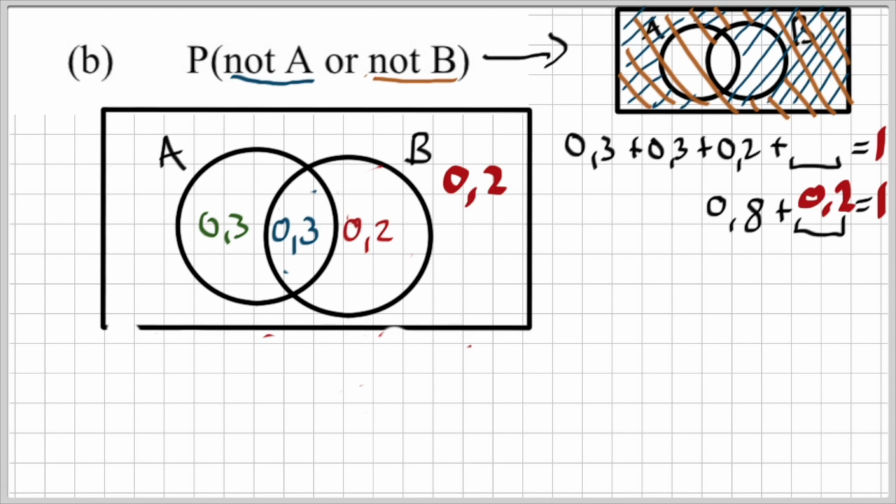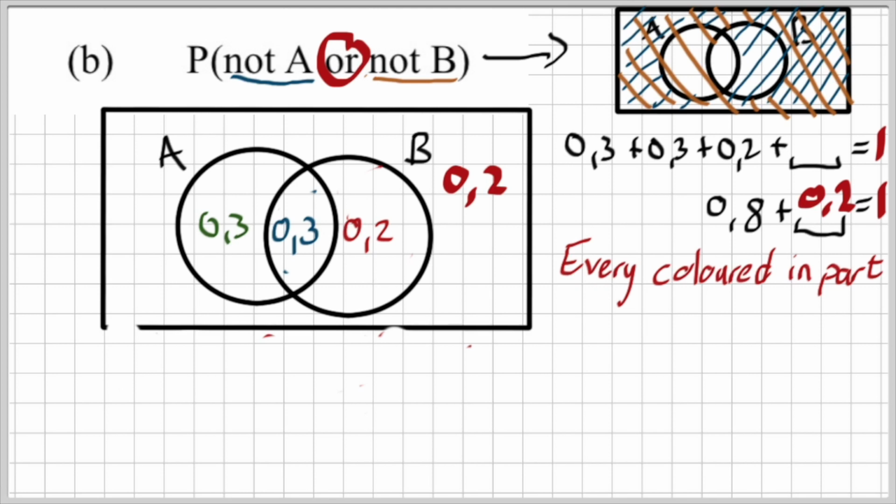Now when I see the word or, I must remember it means every colored in part. So every part of this sketch that is colored in by some kind of part will form part of this probability.